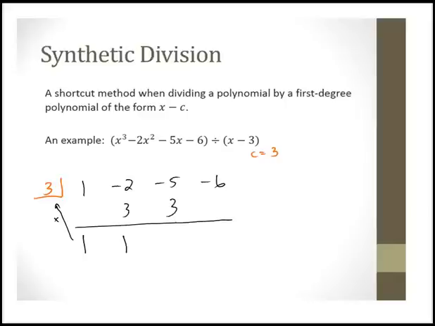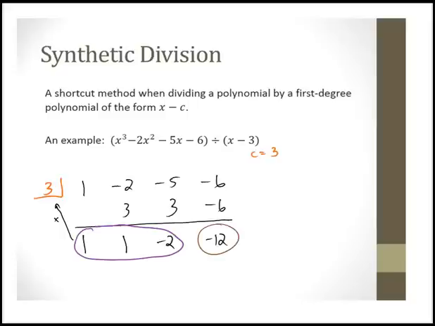And we add. Negative 5 plus 3 is negative 2. And we multiply. Negative 2 times 3 is negative 6. And we add negative 12. And so what this tells me is that the quotient is based on those three terms, and the remainder is based on this last term.